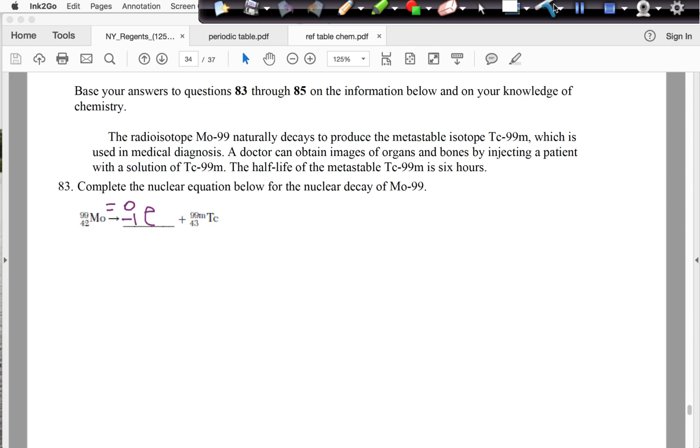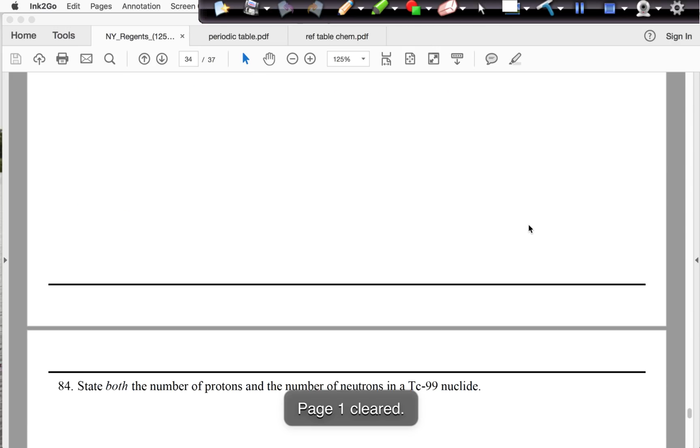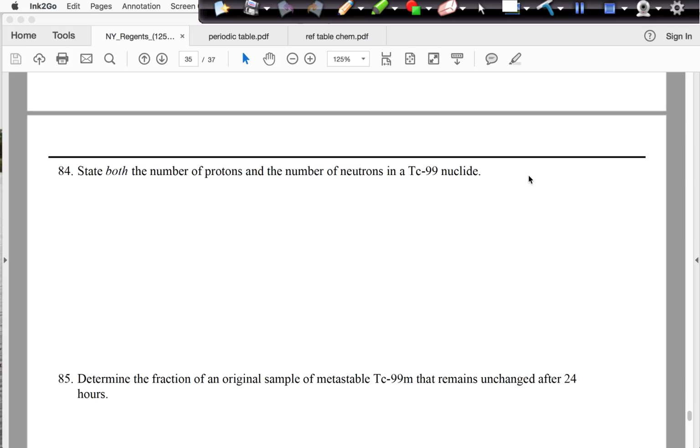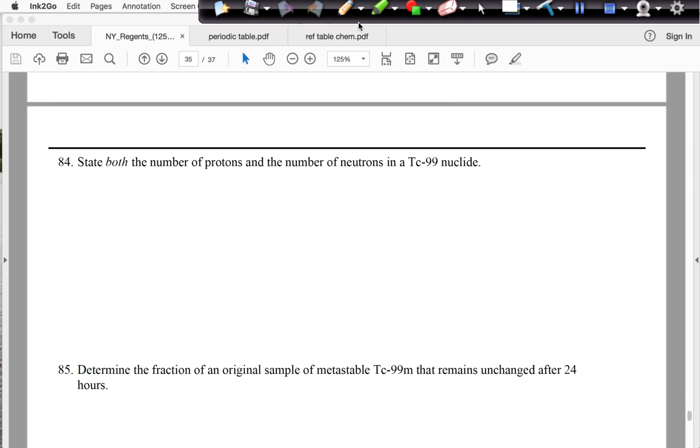So we are going to do 84 now, and we're going to make sure that we read the question again when we do that. It says to state both the number of protons and neutrons in a Tc-99 nuclide. So in order to look at this, we want to make sure that we know how many protons there are.